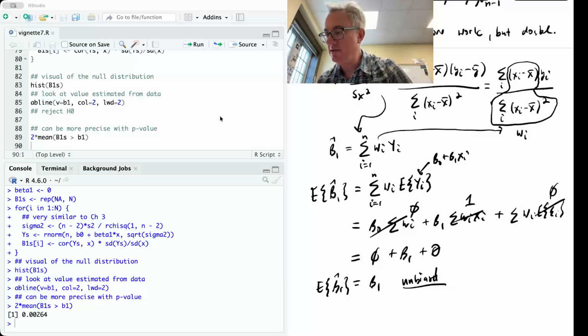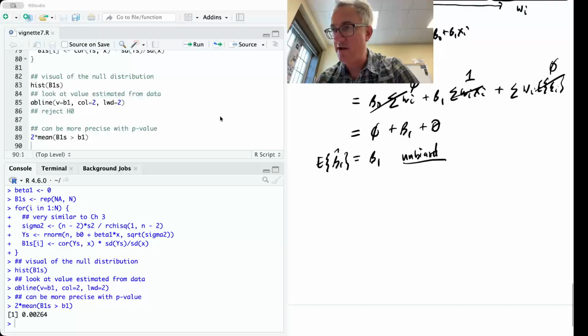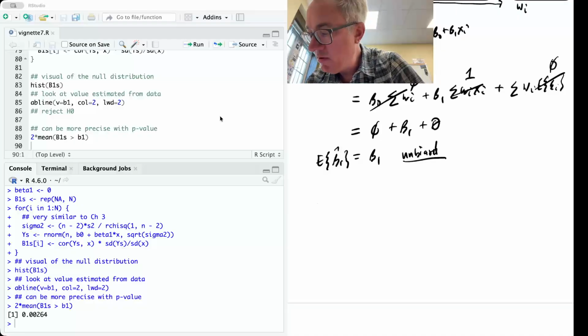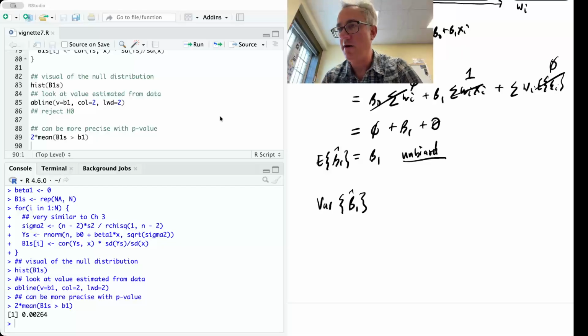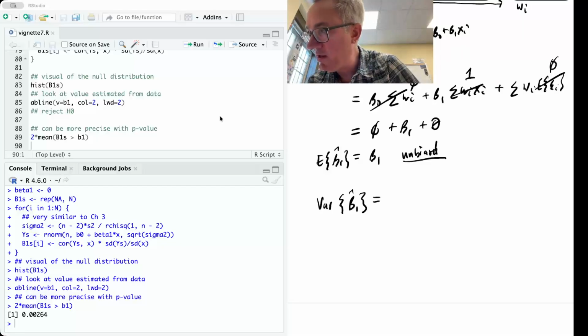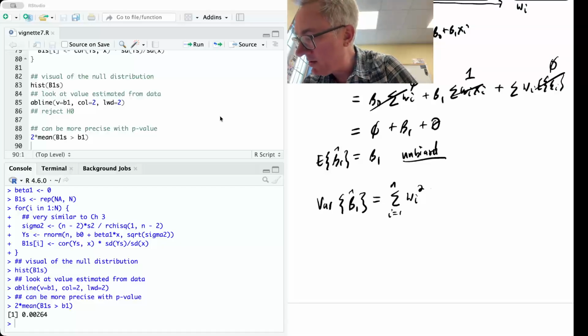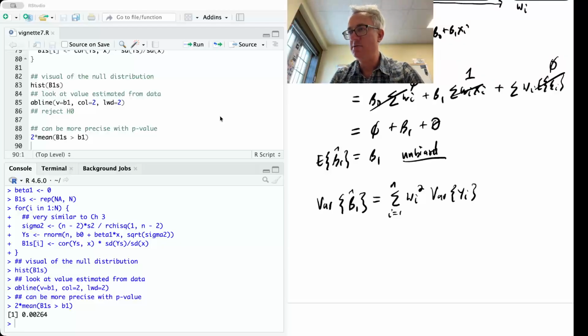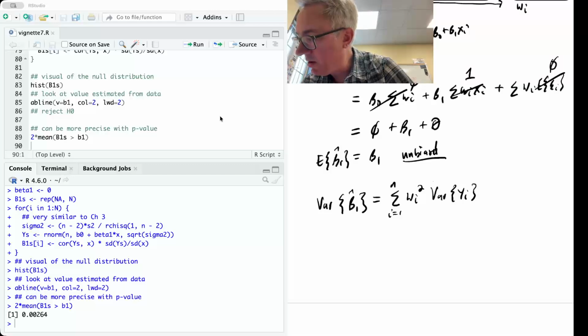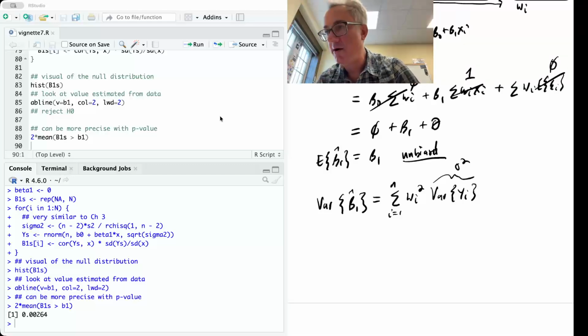We can play a similar game with the variance. So the variance of the estimate of the slope is, by linearity of variances, the square of those weights times the variance of the individual yi values. And we know that these are all sigma squared.